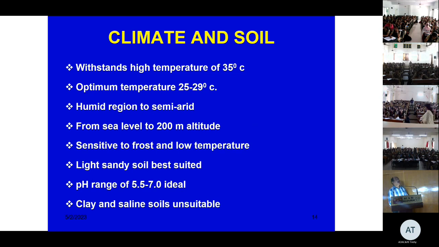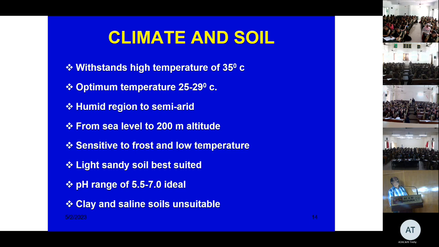Regarding the climate and soil, it is a crop that can withstand high temperature, almost 35 degrees, whereas the optimum temperature for growing is 25 to 29.